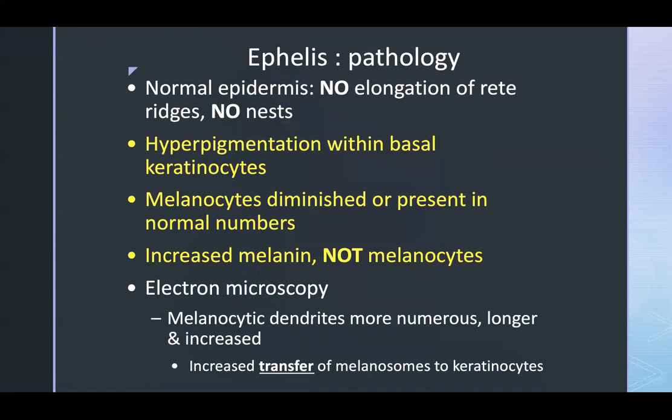So ephelides pathology includes normal epidermis. Typically on pathology, you see no elongation of the rete ridges and no nesting. If you saw a nest, that would make it a junctional nevus.